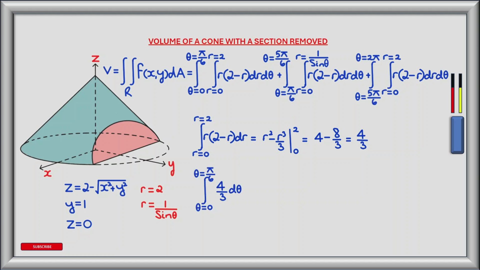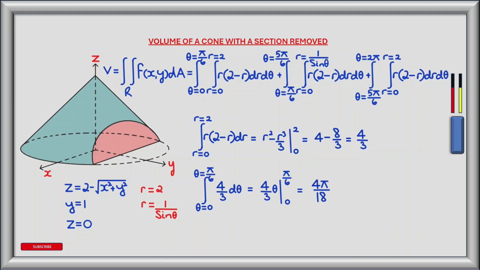And now working on its outer integral, we need to integrate between theta equals 0 and theta equals pi by 6 of 4/3 d theta. Using the power rule, its antiderivative is 4/3 theta, and we need to evaluate between theta equals 0 and theta equals pi by 6.